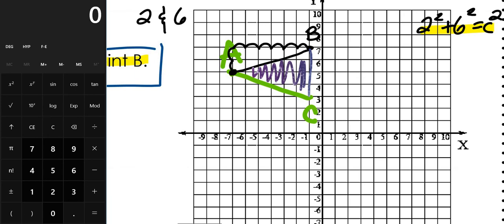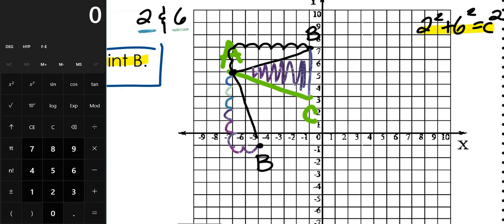That's not the only option, however. Remember, the key is you just go 2 and 6 in any direction you want so that you make the two sides congruent. Starting at A, maybe I want to go, let's say, down 6: 1, 2, 3, 4, 5, 6. And go right 2, 1, 2. And then I'm going to put B here.